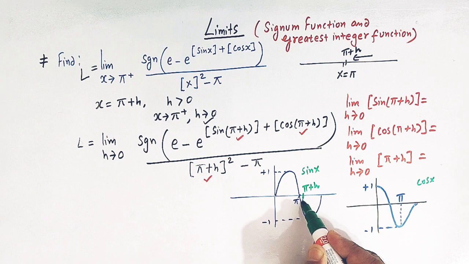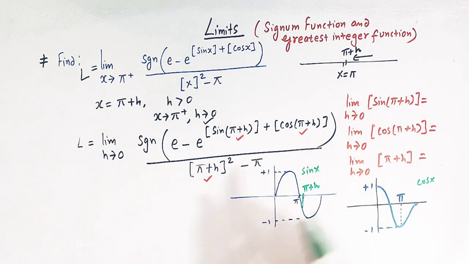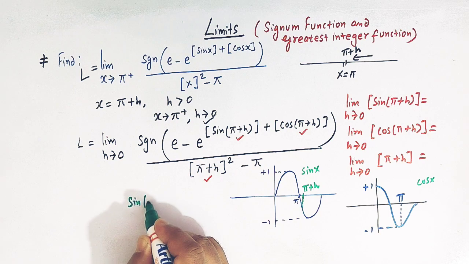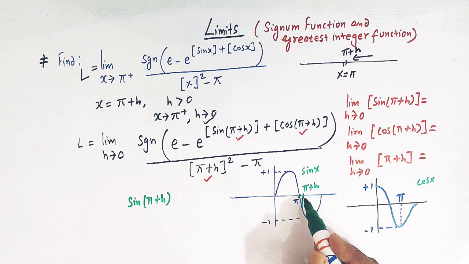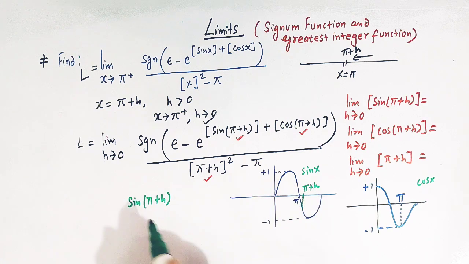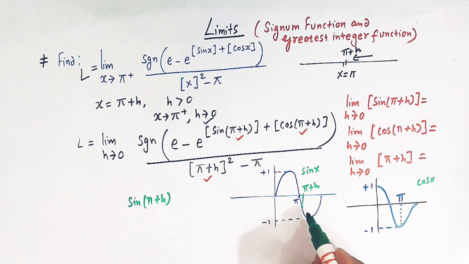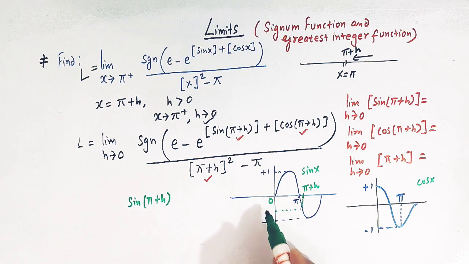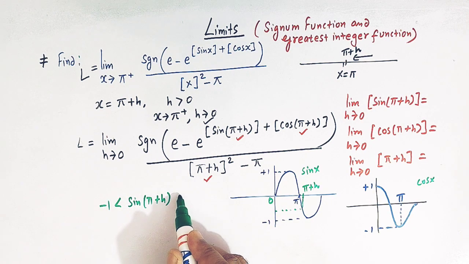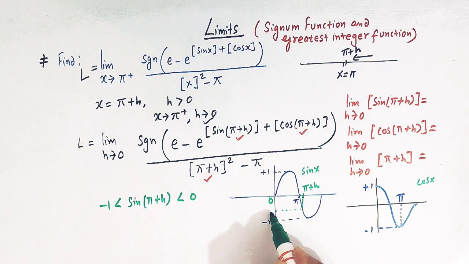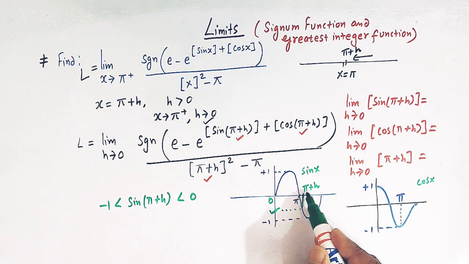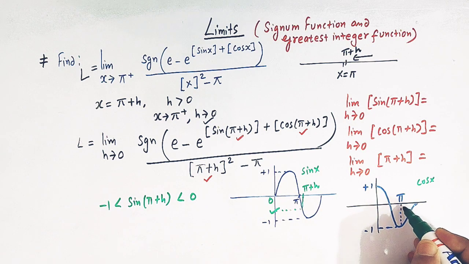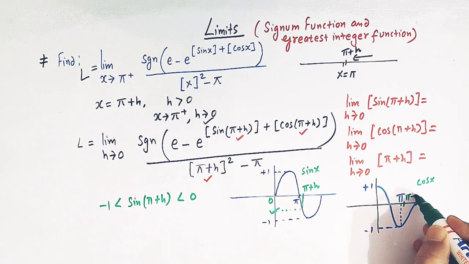When we calculate the value of sin of pi plus h, because this angle pi plus h is greater than pi, we see that the value of sin of pi plus h is greater than minus 1 but less than 0. Similarly, if we take the graph of the cosine function, here we have the point pi plus h.